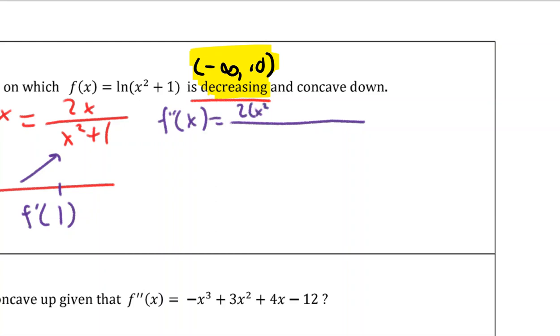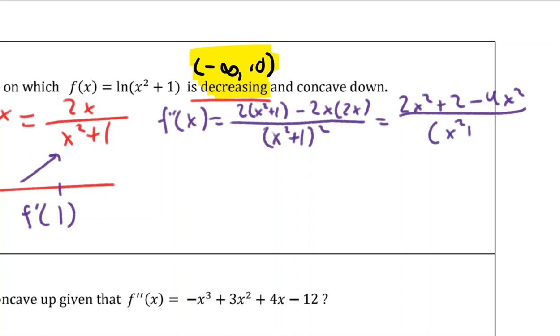Derivative of the top with the bottom left alone minus the derivative of the bottom with the top left alone, all over the denominator squared. And for your own sanity, you might want to simplify this a little bit. Maybe just call this -2x squared plus 2 over that.